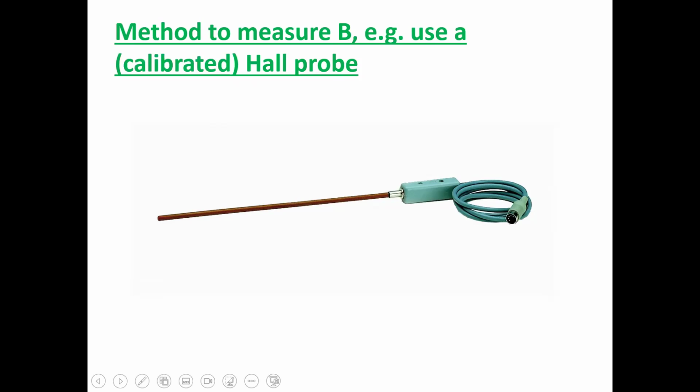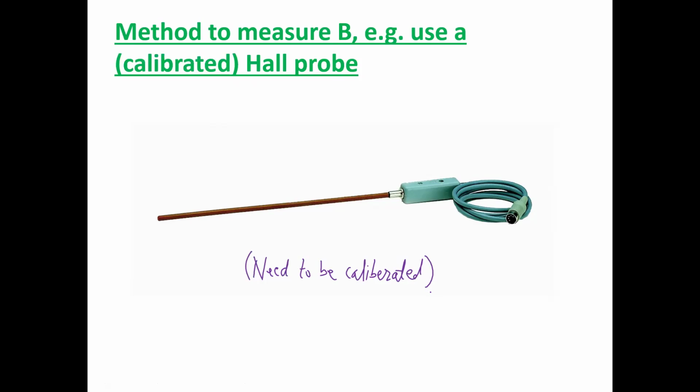A Hall probe needs calibration. You can't use it directly like other instruments, like a protractor, which you take out and use. You have to first place it in a known magnetic field and measure the voltage there.